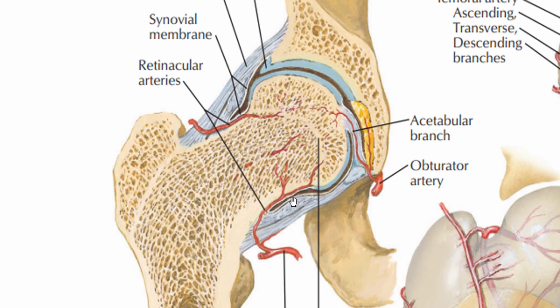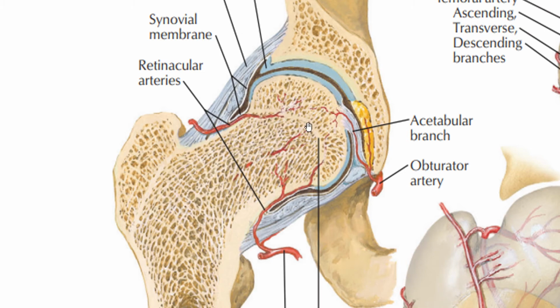This synovial layer folds upon itself and moves along the neck of the femur to get attached onto the acetabular margin here. And the arteries which pass beneath this layer are called retinacular arteries.